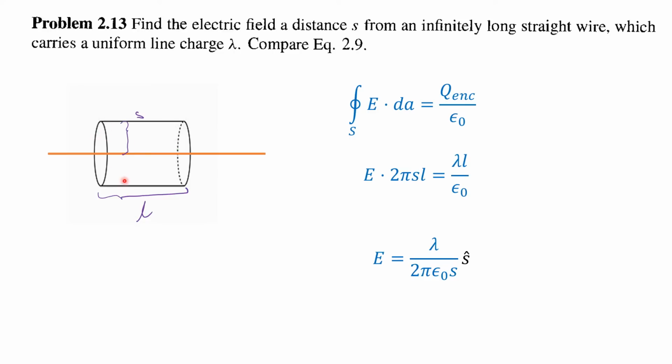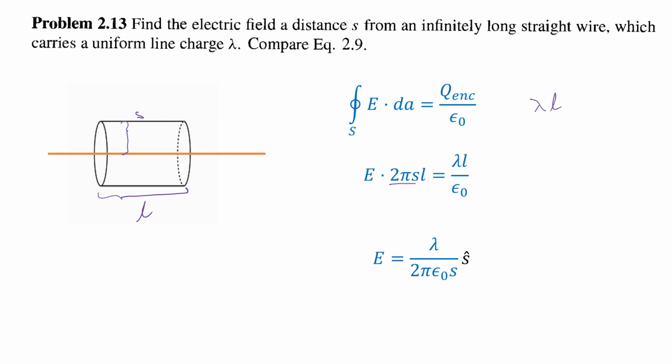The total area of the cylinder is 2 pi s, the circumference, multiplied by L. Then the charge enclosed: lambda is charge per unit length, so naturally the charge for this entire length is lambda times L.